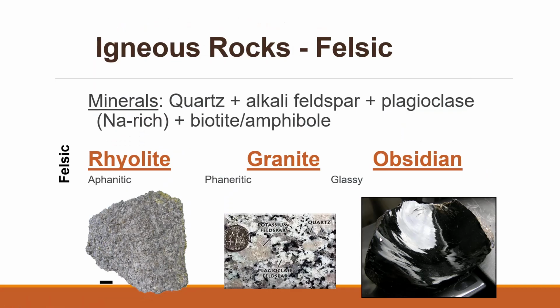Our felsic materials are going to, again, be our rhyolites, granites, and obsidian is considered typically felsic. It is where we have no actual crystals. The high silica content of felsic materials leads to very viscous materials, so they tend to have extremely explosive eruptions.